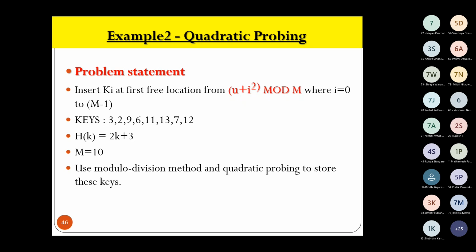So let us take the keys as 3, 2, 9, 6, 11, 13, 7 and 12, and the initial hash function is 2k plus 3. With the help of this hash function, what is the location for 3?